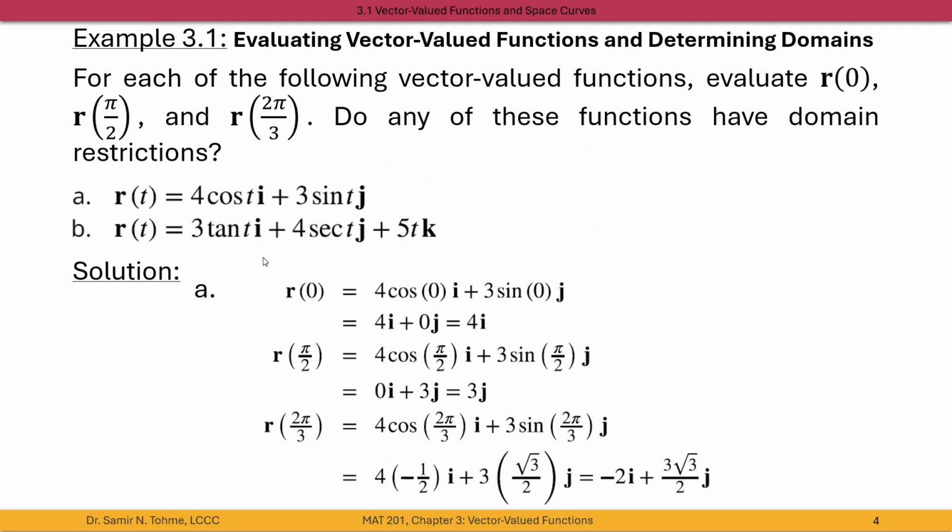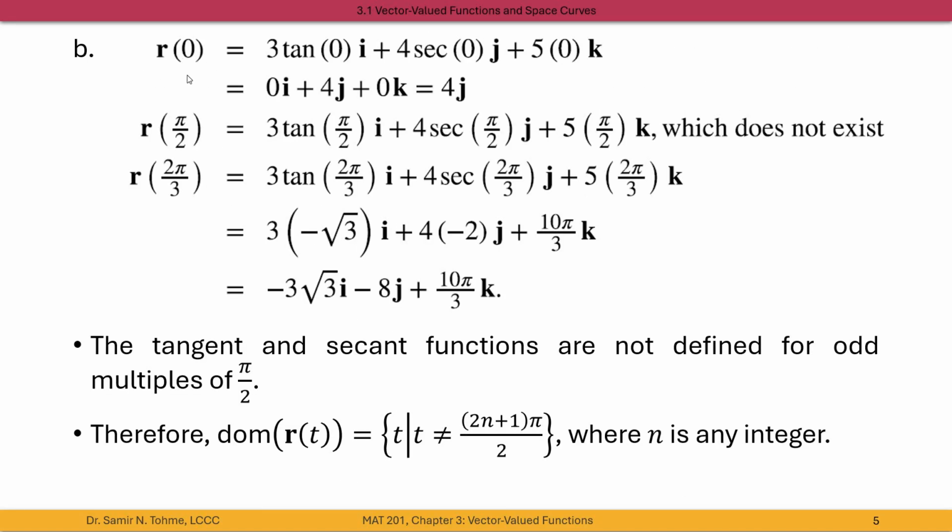Since we have tangent and secant, we expect that there will be a restriction since these functions have restrictions in their domain. For the first one, we're gonna replace 0 in r, and after calculating in the three components, of course, because this is a 3D function, you're gonna get 4j, so no problem.